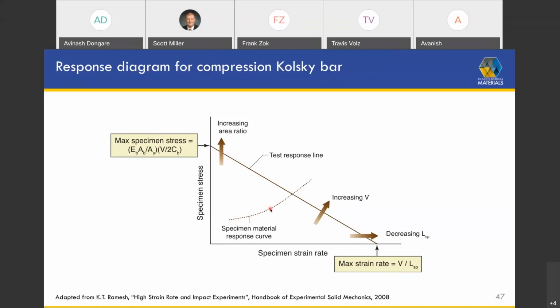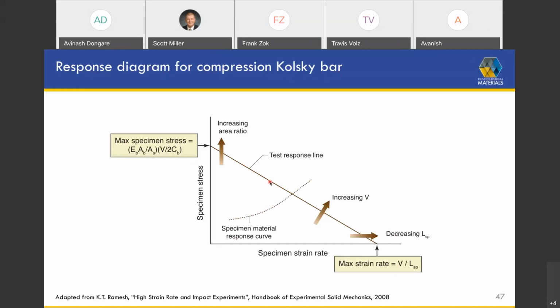Okay? So you could choose the conditions associated with this point here, and you could in principle apply higher stresses than you need. But of course, you won't actually exploit those higher stresses. You'll actually measure a lower stress. So this just represents the maximum stress that you can achieve. Okay?